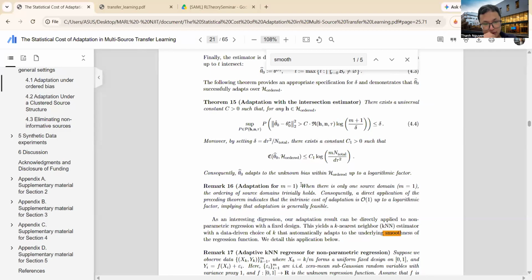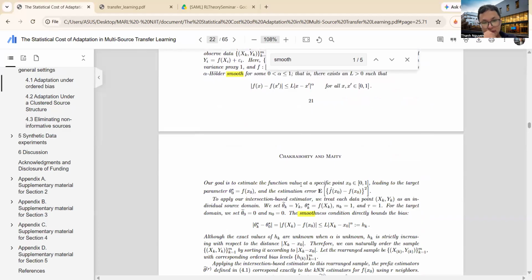Oh, they assume absolute Hölder. I see. So basically they say that even under smoothness, the intersection estimator also works to achieve the minimax rate. So it's not just in the parametric, but also in the non-parametric setting as well.